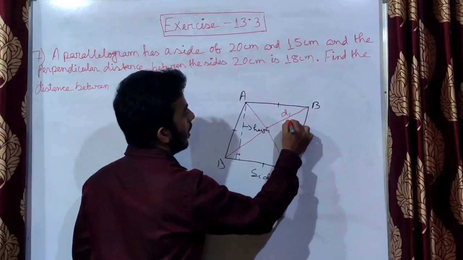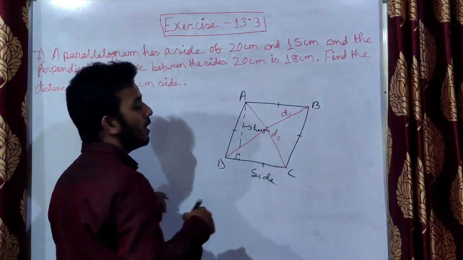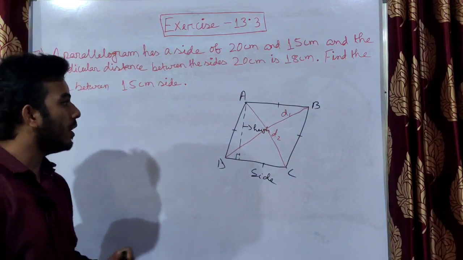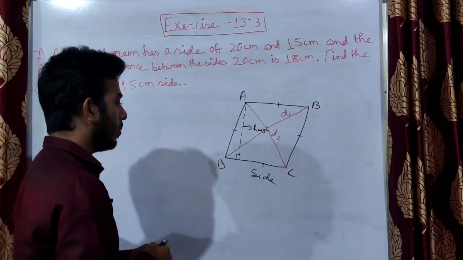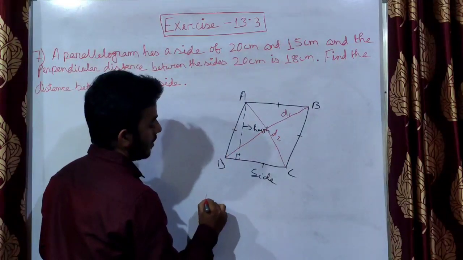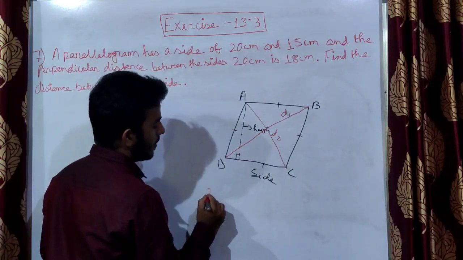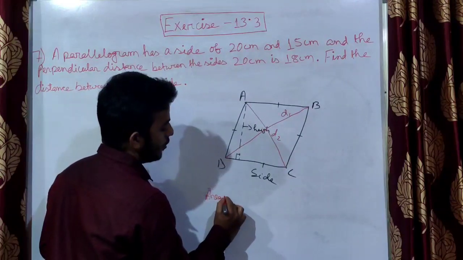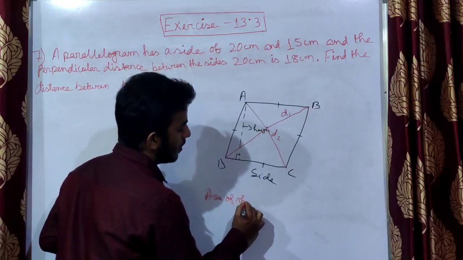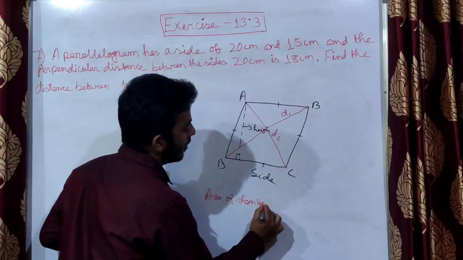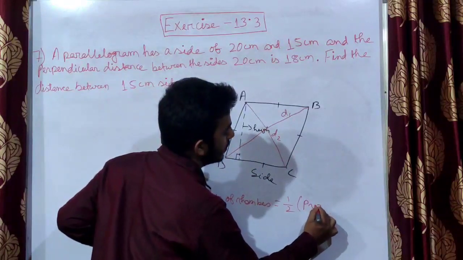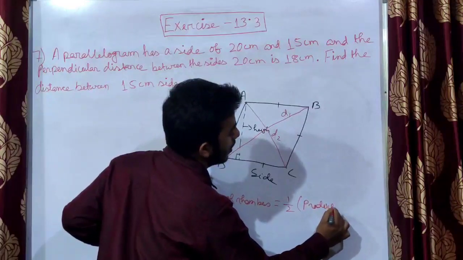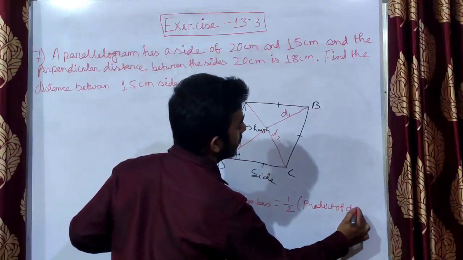Suppose this is D1 and this is D2. In that case we will multiply diagonal 1 with diagonal 2. So what will be the formula? Area of rhombus equals half of the product of diagonals.